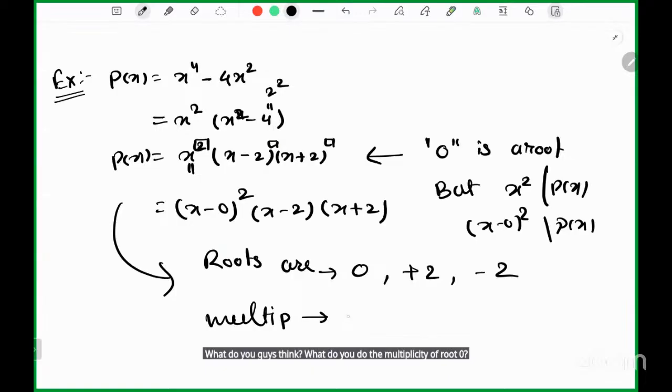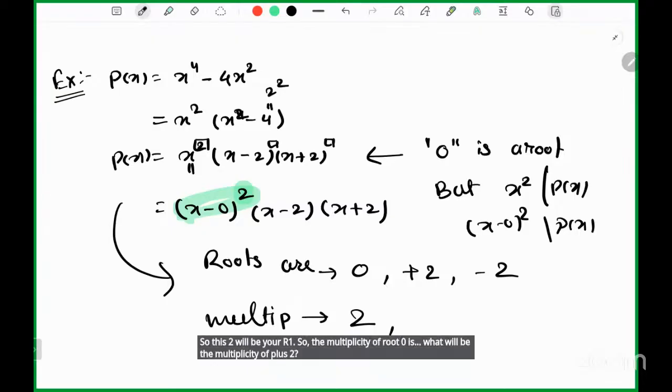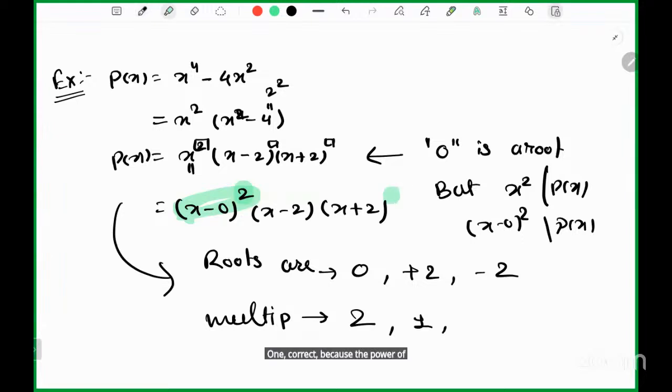It is 2, because this factor is appearing twice, x minus 0 square. So this 2 will be your r1. The multiplicity of root 0 is 2. What will be the multiplicity of +2? It is 1, correct, because the power of this factor is 1. There is nothing written, which means 1. And the multiplicity of root -2? Similarly 1.